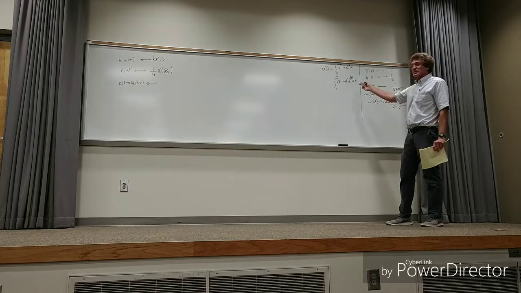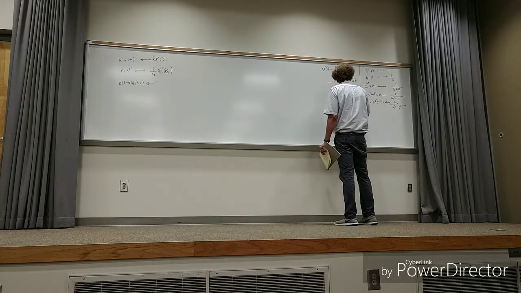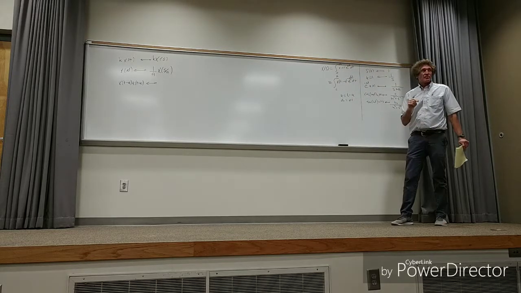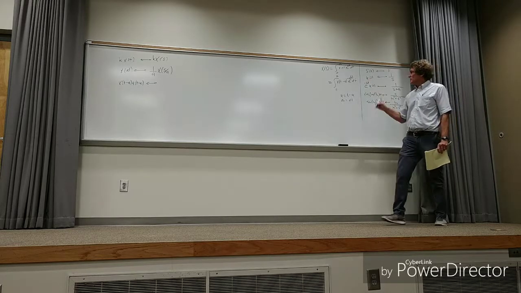Now what I'm going to do is this, a dummy variable, right? t minus a would be u, and that, therefore, du would be equal to dt. Agreed? That's straightforward. Now make the substitutions.